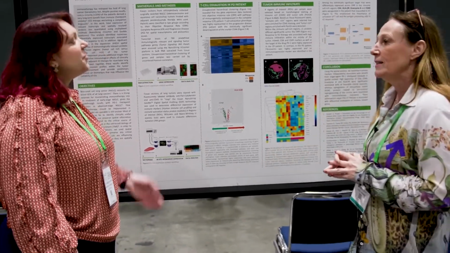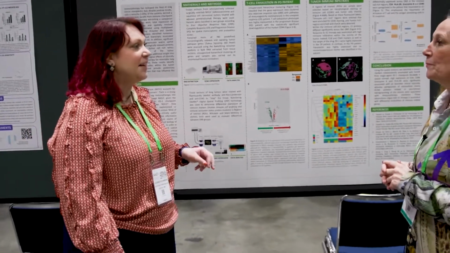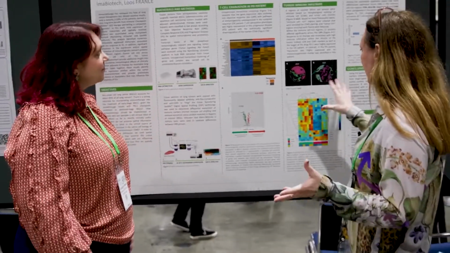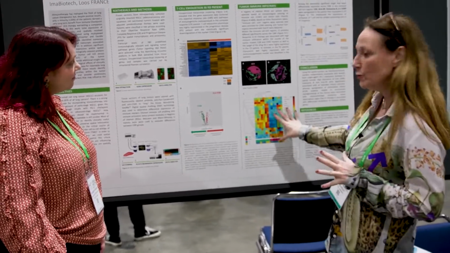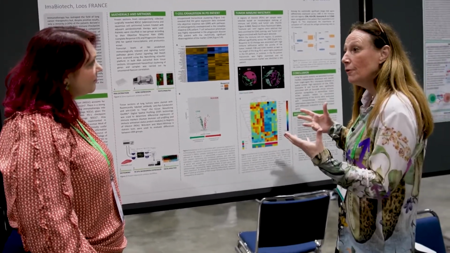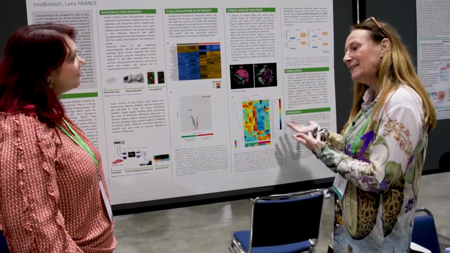Oh wow! So it seems like in those patients who responded, the immune cells were able to infiltrate the tumor. Absolutely, and this is exactly what you see on that heat map, an upregulation of all the proteins that are really involved in T cell infiltration and activation.